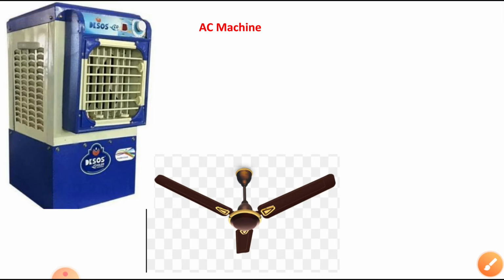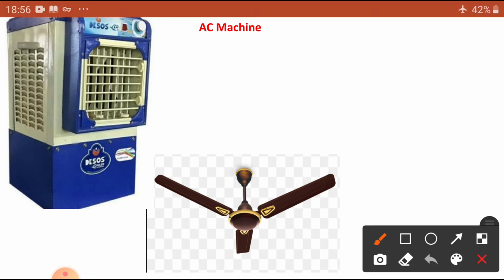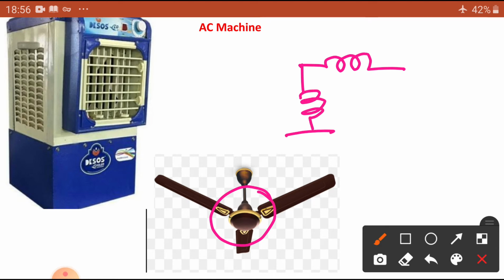Now, you can see this is a single phase motor. The fan has two windings, as we just discussed. It is not a self starting motor because it has two windings: one is a running winding, and the other is a starting winding. The starting winding is useful at the starting itself.